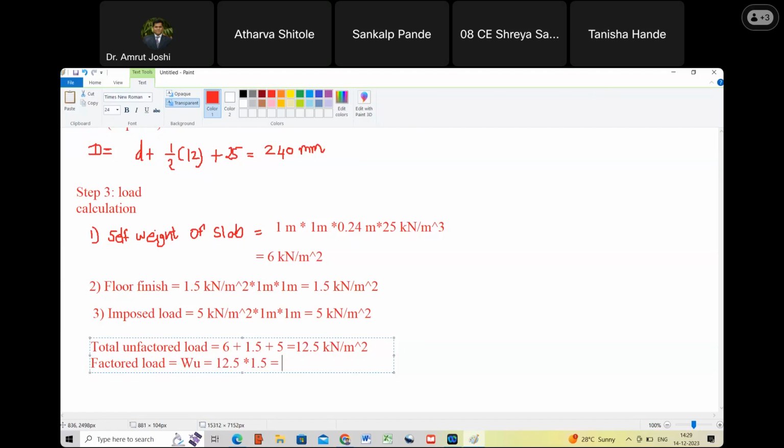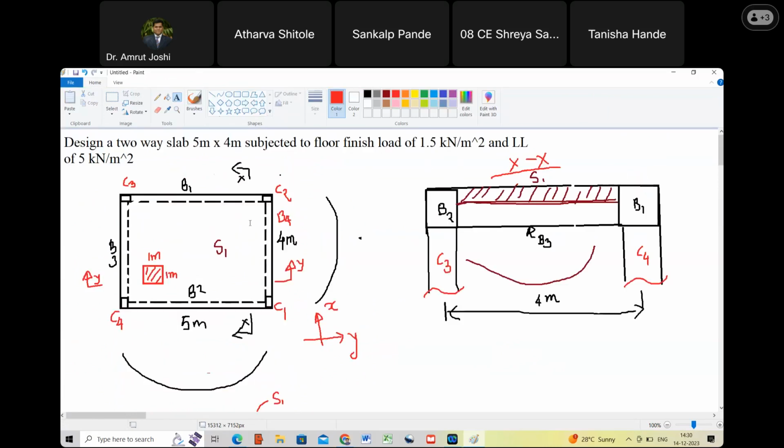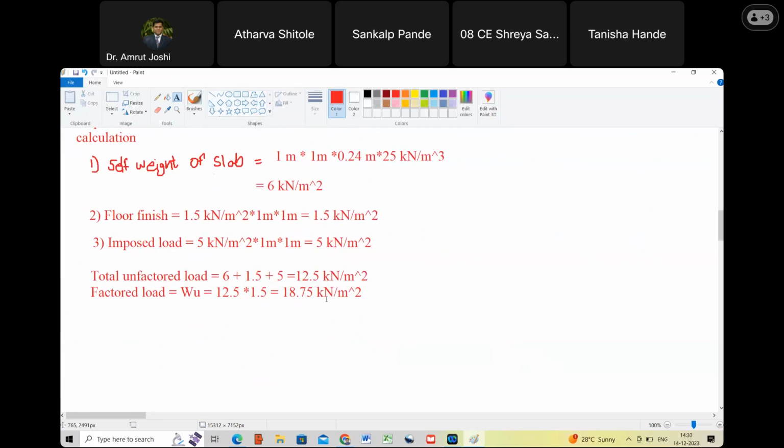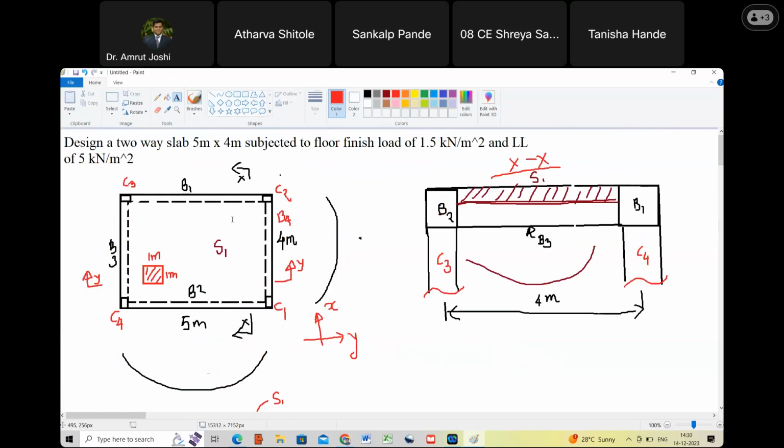How much? 18.75 kilonewtons per meter square. So this slab is loaded by a pressure equal to 18.75 kilonewton per meter square. Are you with me? Yes, sir. On its entire surface.